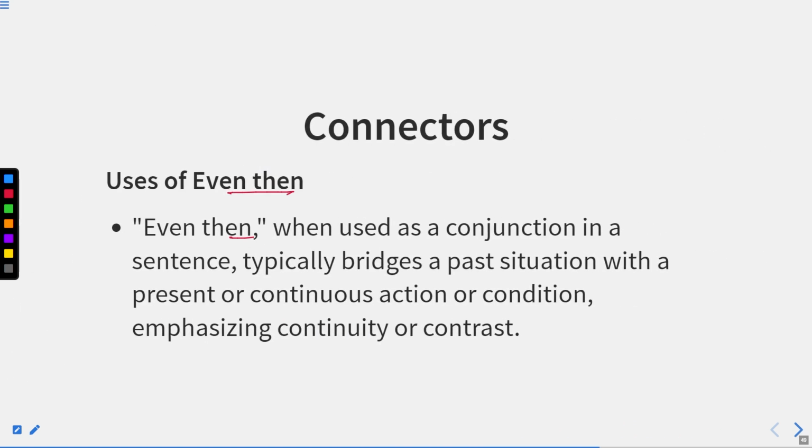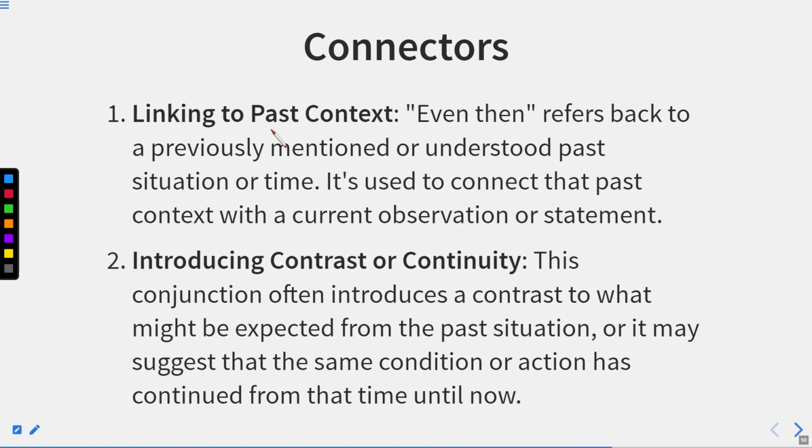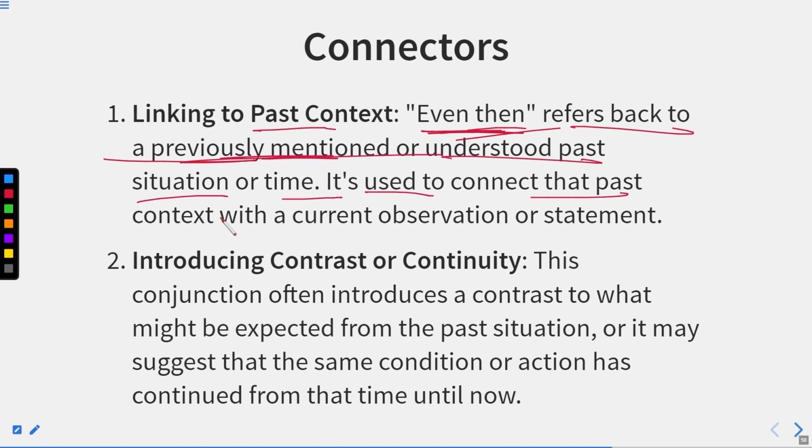Uses of "even then": when used as a conjunction in a sentence, it typically bridges a past situation with a present continuous action or condition, emphasizing the continuity or contrast. Linking to the past context, "even then" refers back to the previously mentioned or understood past situation or time. It is used to connect the past context with the current observation or statement.